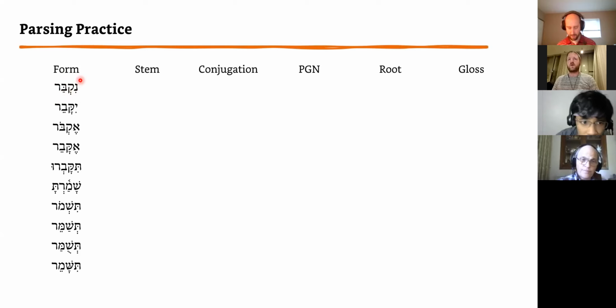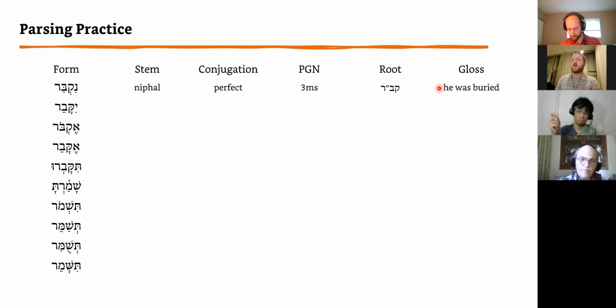Nikbar is nifal because it's got the nun prefix. So its stem is nifal. Conjugation is the perfect, that's the past tense. It's third masculine singular, 3ms. And the root is kavar, kuf bet resh, meaning buried. So nikbar, he was buried. Okay, so that's basically what we're going to do.